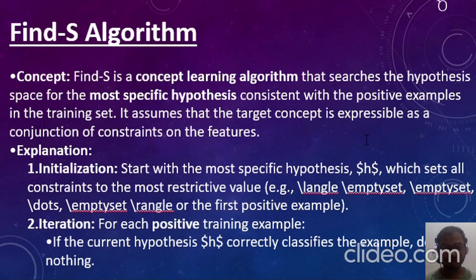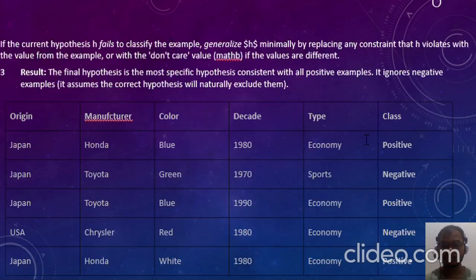Explanation. Initialization: start with the most specific hypothesis h, which sets all the values to null, like the empty set, and a positive example. Iteration: for each positive training example, if the current hypothesis h correctly classifies the example, do nothing.